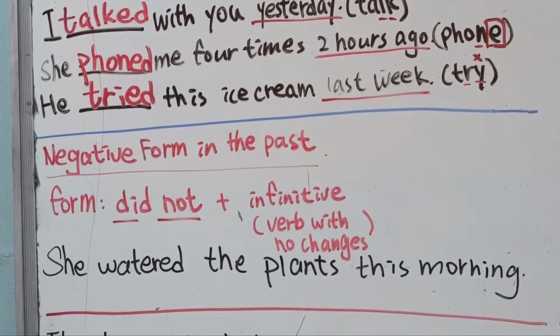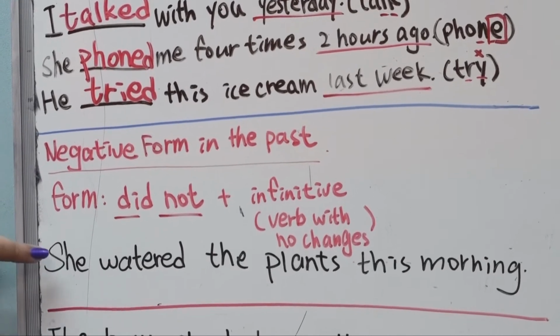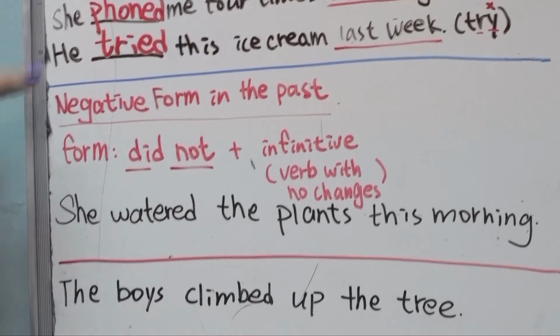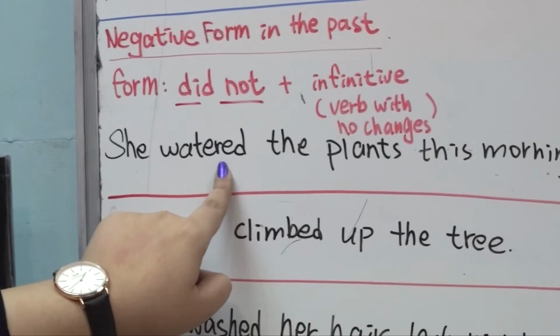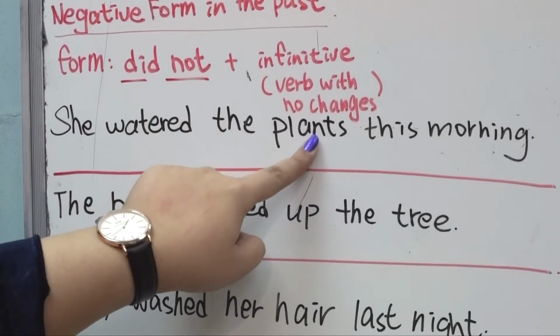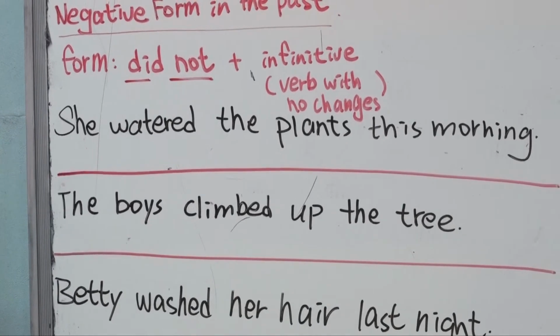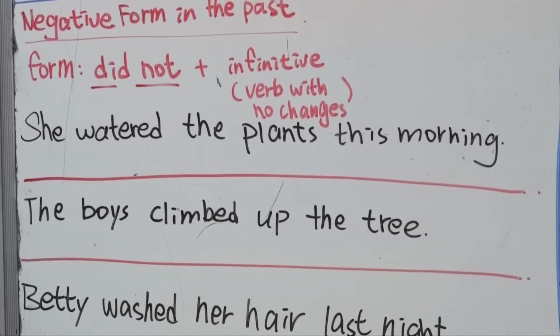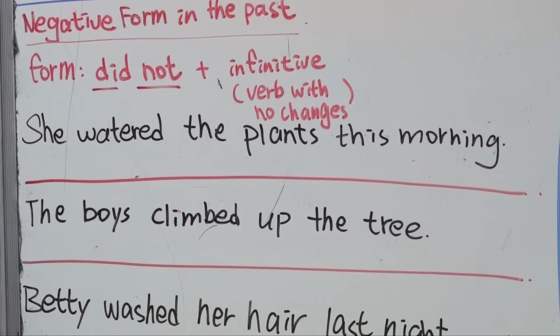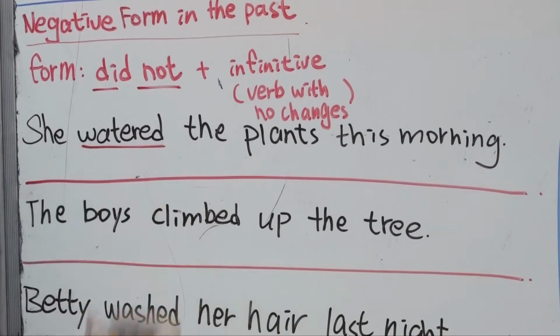Let's look at this sentence. Okay, the first one. Let's read. She watered the plants this morning. All right. Is this action happened in the past? Yes, right? Because watered tells you.